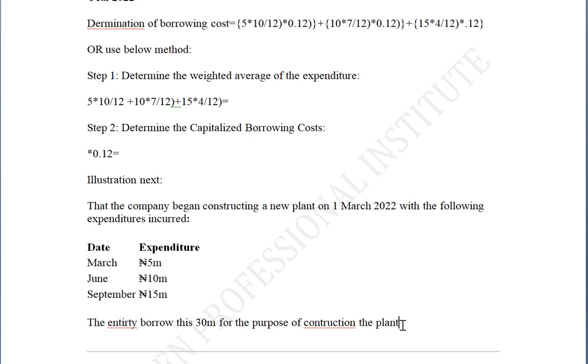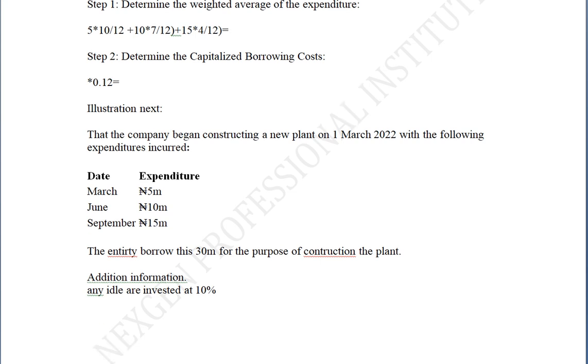Now, additional information. We were now told that any idle fund are invested at 10%. In other words, now what I'm trying to explain is this.